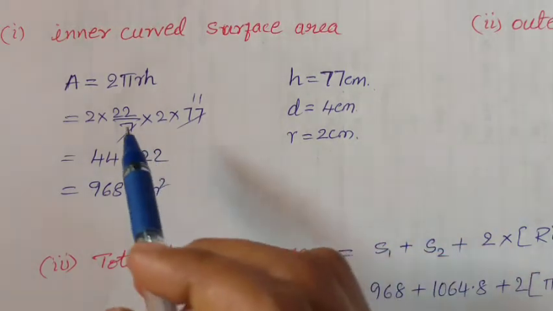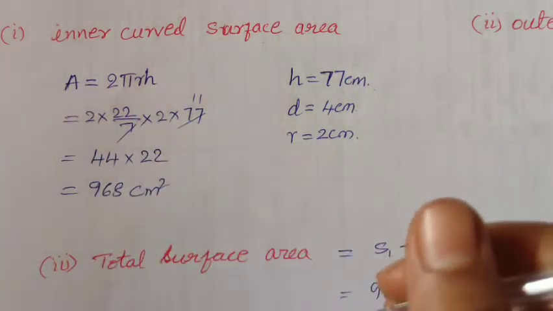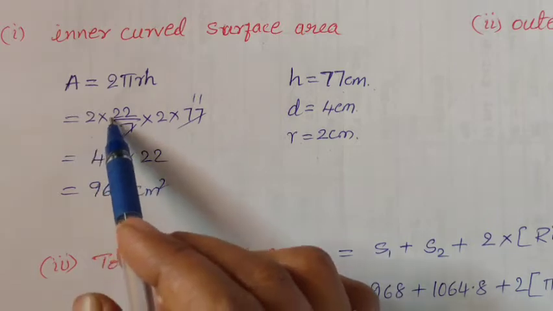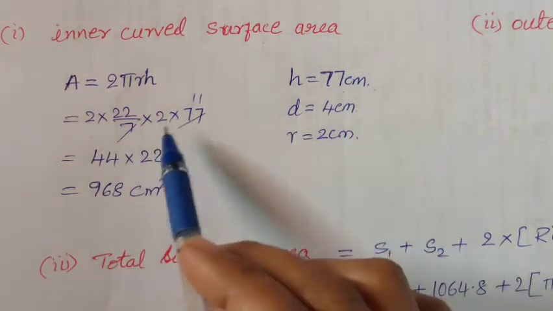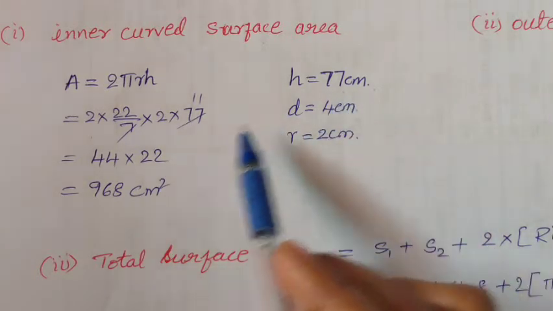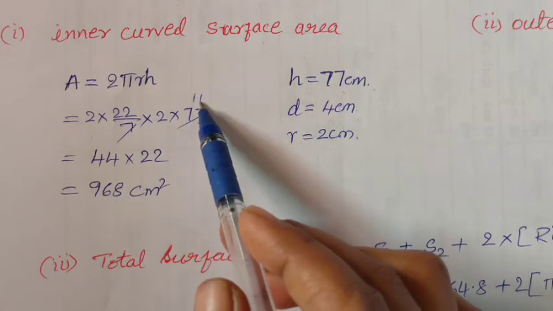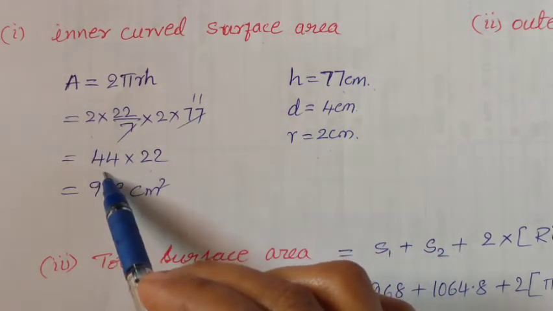Okay, so now write the curved surface area. The formula is 2 pi r h. 2 into pi is 22 by 7, and r is 2 centimeter and h is 77 centimeter. You divide by 7, you get 11. 11 into 2 is 22. 22 into 2 is 44.